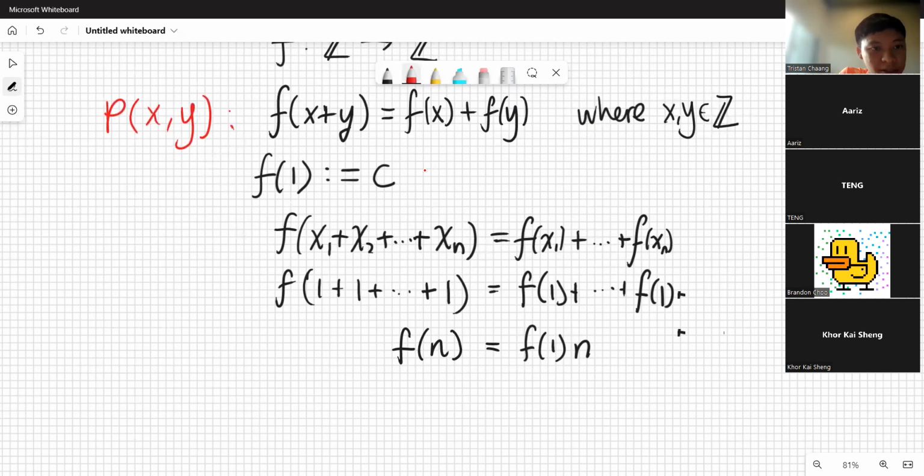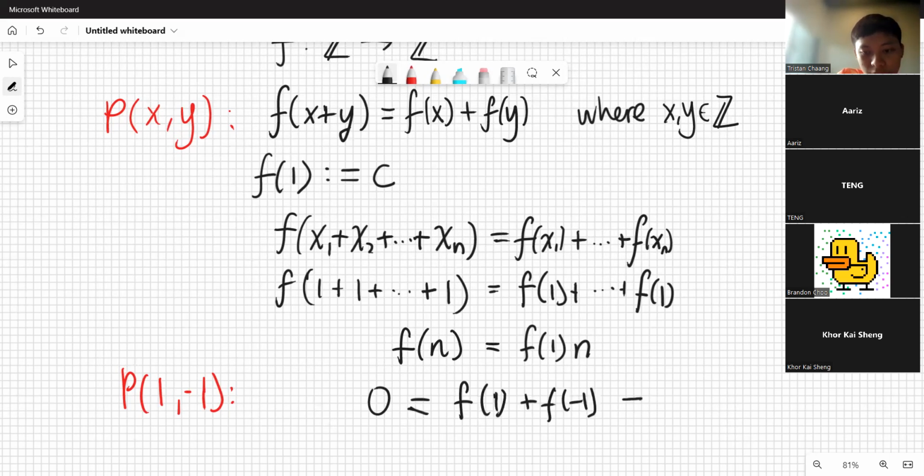Then here what we're doing is, let's say we plug in 1 and minus 1. Then we get f(0) on the left, which is 0, equals f(1) plus f(minus 1). So f(minus 1) is minus c.